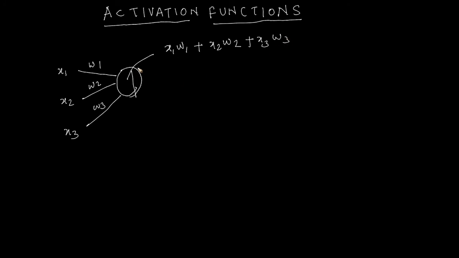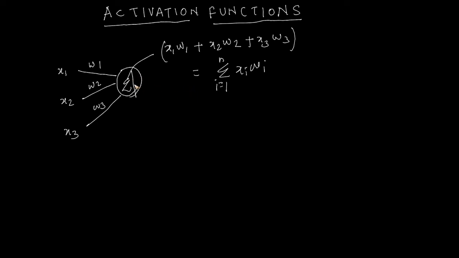So this sum takes place here. If I write this as a sum over i equals 1 to n, if we have n inputs, it is xi wi. This is what happens here.